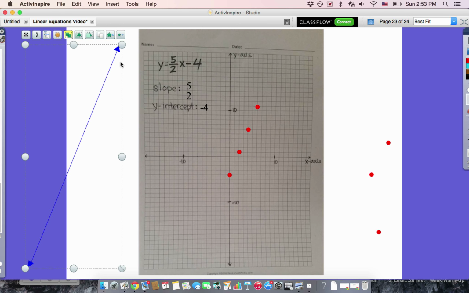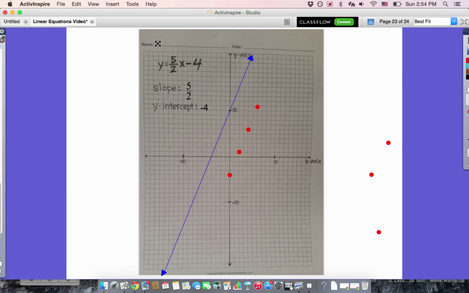And then now we're going to take a ruler and connect our points. So if you notice, my line has 2 arrows so that I know that my line goes on forever. Okay.